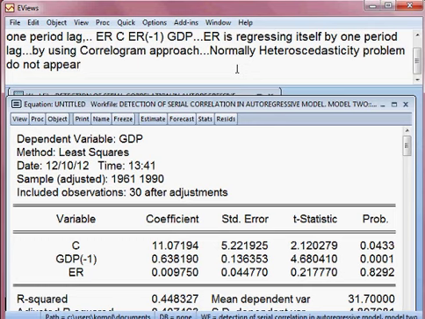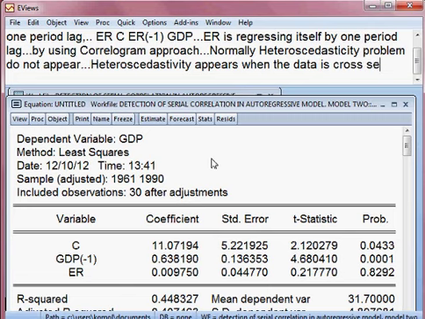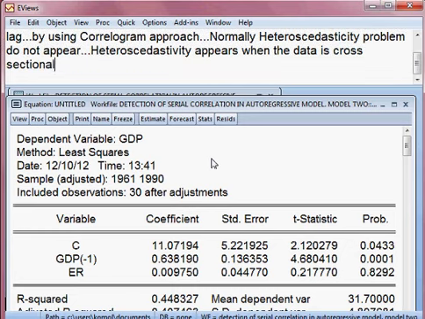So for this model we shall not check whether it is suffering from heteroscedasticity or not. Normally heteroscedasticity appears when the data is cross-sectional, right?